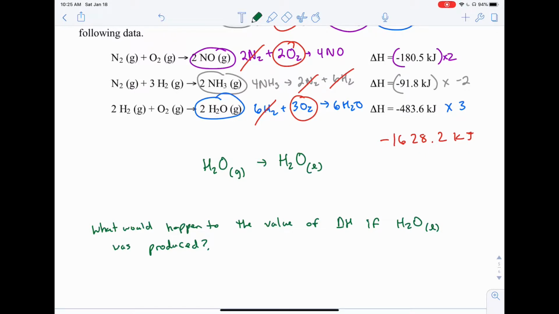Is this process an endothermic reaction or an exothermic reaction, going gas to liquid? Okay, what is happening to the particles? They're slowing down and they're releasing energy. So this is an exothermic reaction.